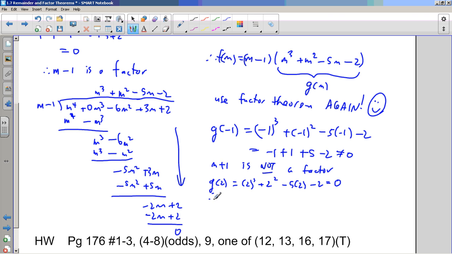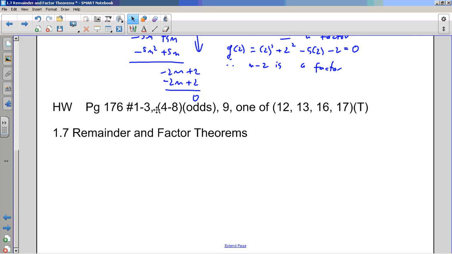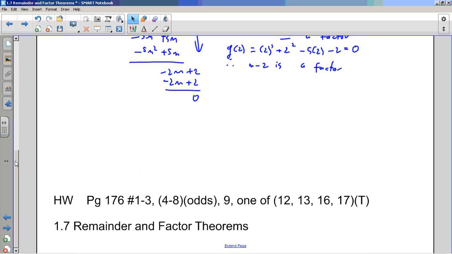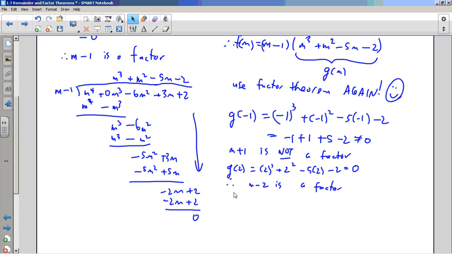So therefore, m -2 is a factor. What a question. I had to move the homework down twice here. Well, what do I do now? Now, notice that if I took my m -2 and divided it into the original polynomial, I'd have a different cubic. So I need to divide m -2 into this piece so I can figure out what's left after it goes into this smaller one.